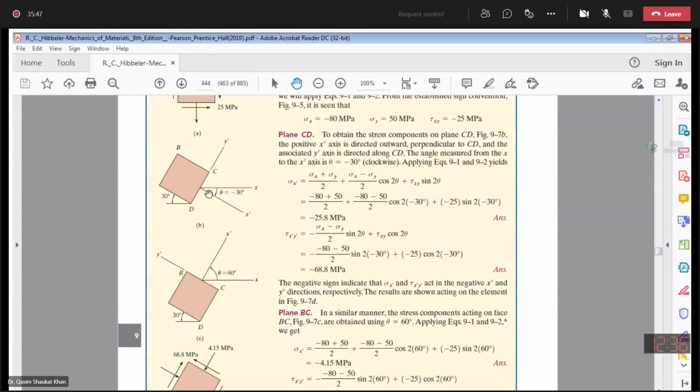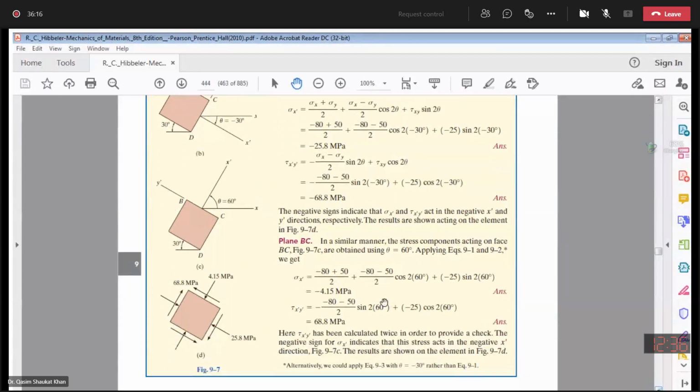So this was our first figure where we have the element oriented at minus 30 degrees. This is our second figure where the element is oriented at theta 60 degrees counterclockwise. Fine. So you can see the y dash axis is replaced with the x dash axis, and your x dash axis is replaced with the y dash axis.